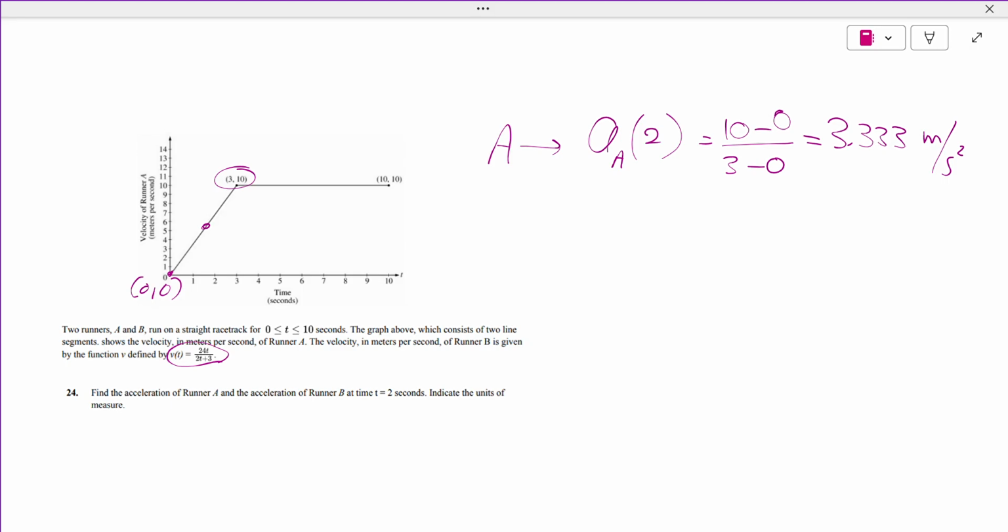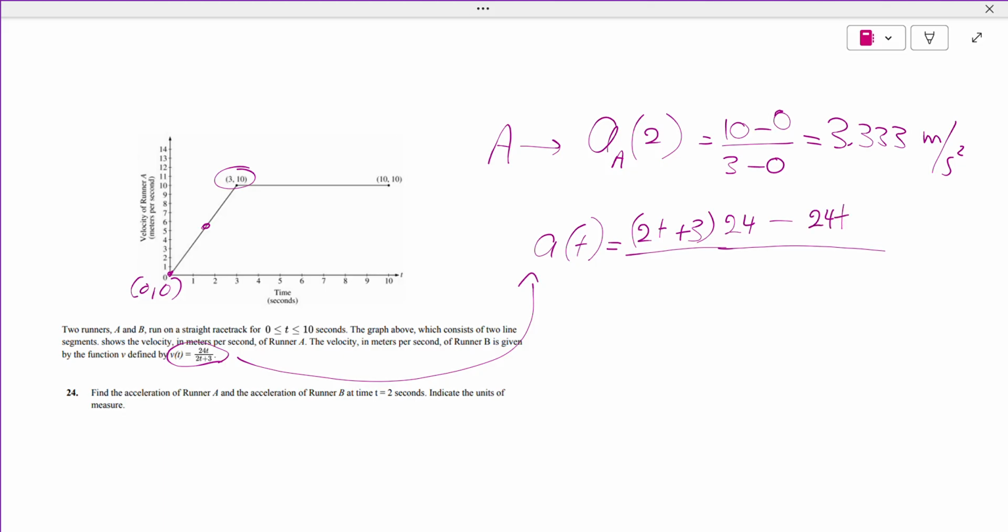Now, for the second particle here, A of t, you will use the quotient rule. The quotient rule says the denominator times the derivative of the numerator, which is 24, minus the numerator, which is 24t, times the derivative of the denominator, which is 2, divided by the denominator squared.